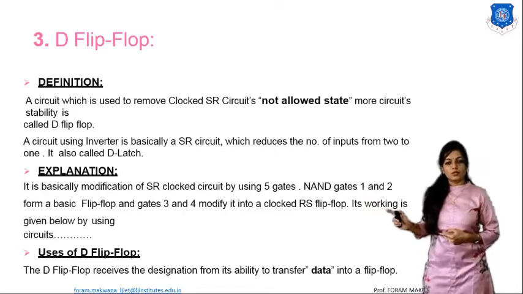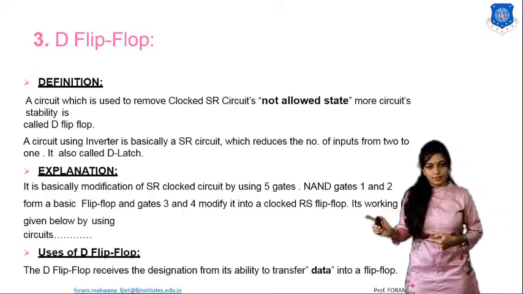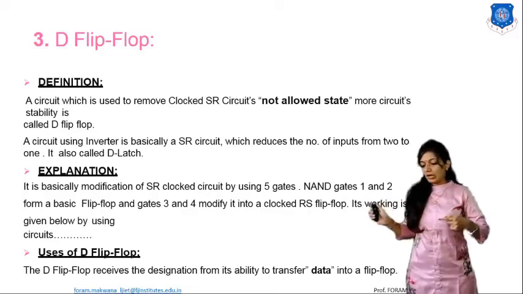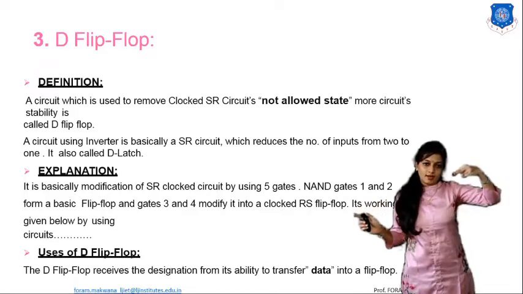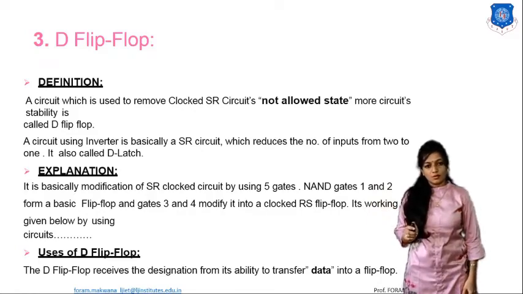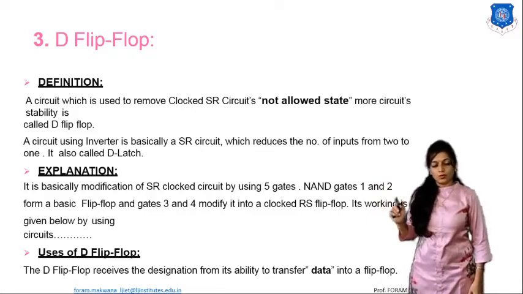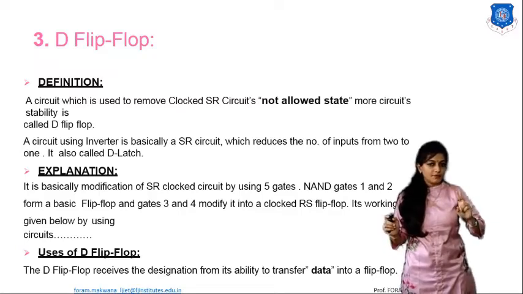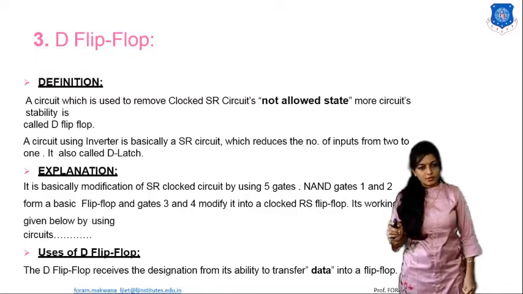So we are going to use a D flip-flop, right? So the circuit uses an inverter between S and R, which reduces the number of inputs. Okay, 2 to 1. So the D flip-flop has 1 input D, and 2 outputs Q and Q dash.